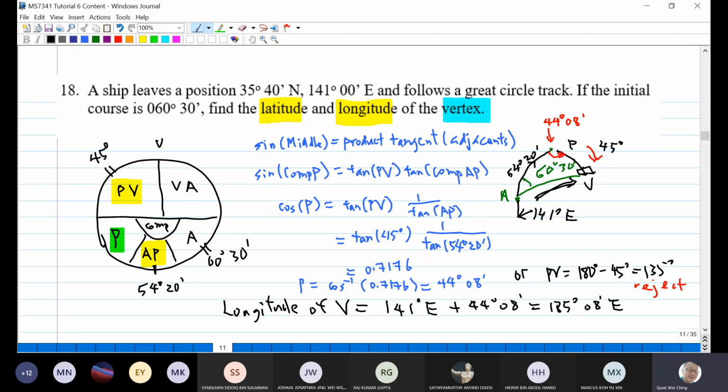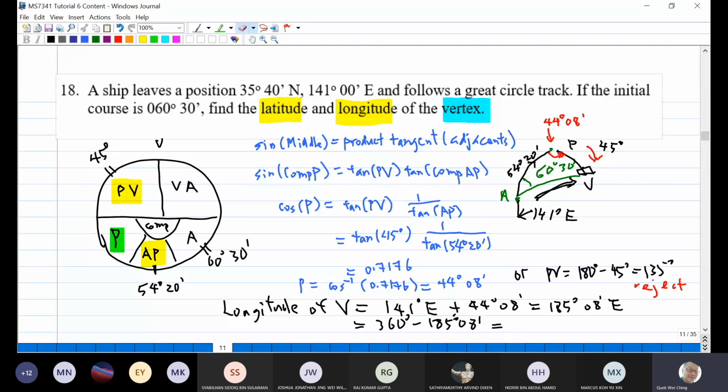But we know we don't have 185 degrees east, right? So you have to subtract now. You actually go into the west side of the Earth now. So you convert it: 360 minus 185 degrees 8 minutes.